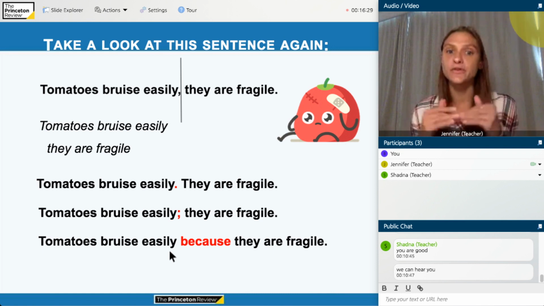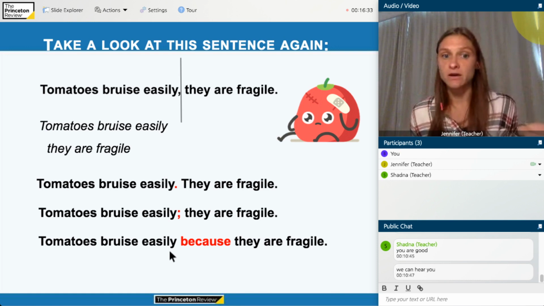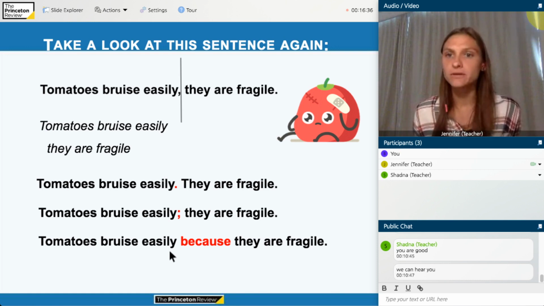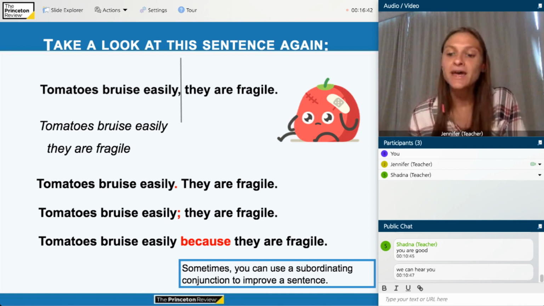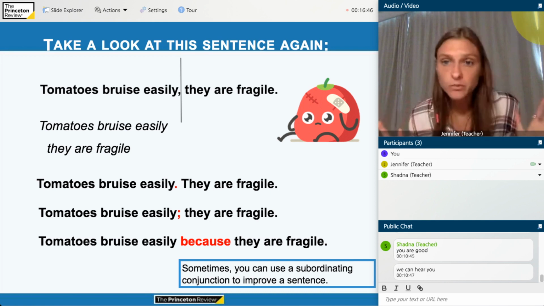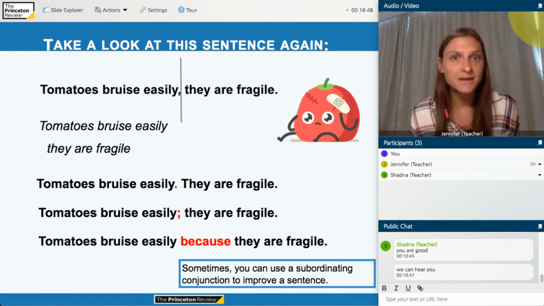The because shows that there's a relationship between the two. Because they're fragile, they bruise easily. Okay, so as you see here, you can use the subordinating conjunction, and you can use the coordinating conjunctions. You could decide to completely reword this thing in a variety of ways, and you can eliminate that comma splice situation.